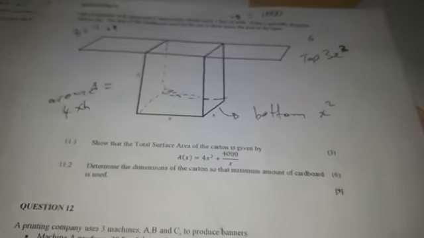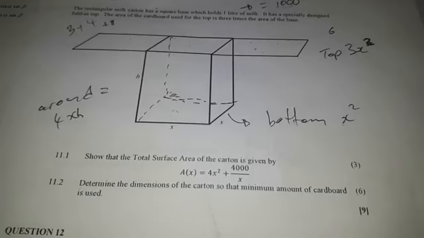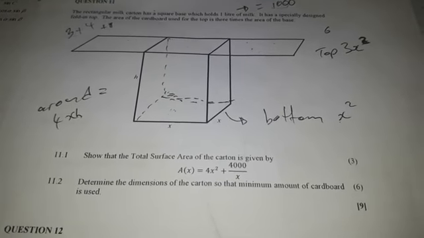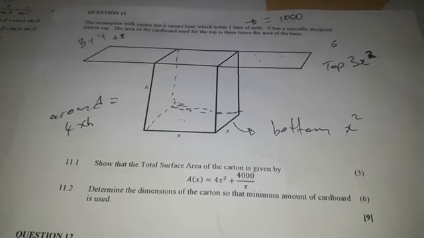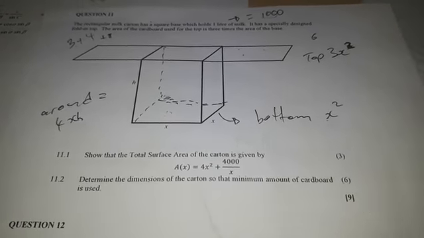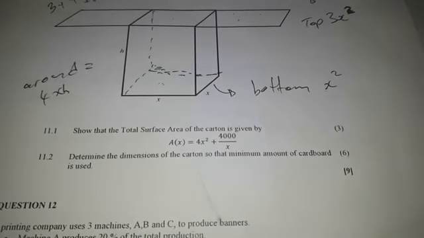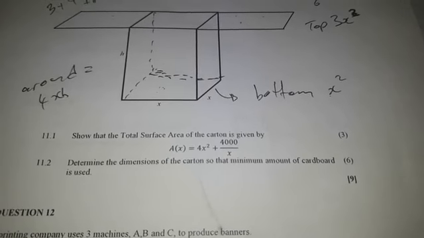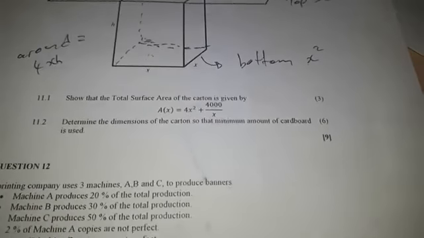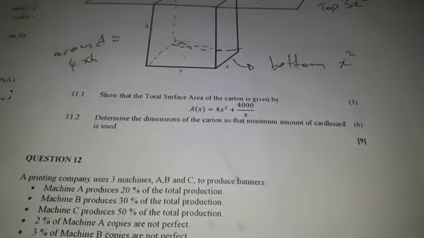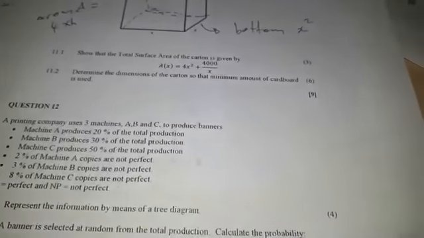So technically, if we're going to use the minimum amount of cardboard, it means we would be considering the minimum surface area, because our surface area is what is contributing to the amount of cardboard that we use. So we just need to work out the minimum surface area in this question. All we need is the surface area formula, which we have. We're literally just going to differentiate it and equate it to 0 and solve for x and then get a value for x and h.